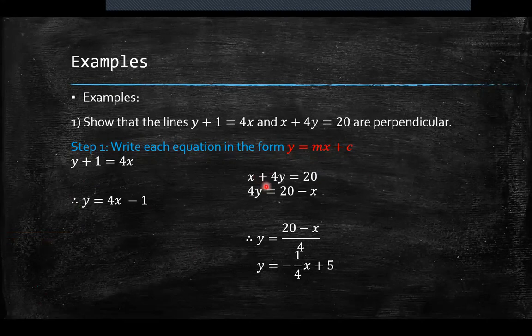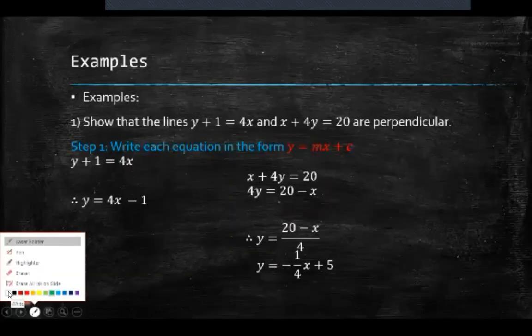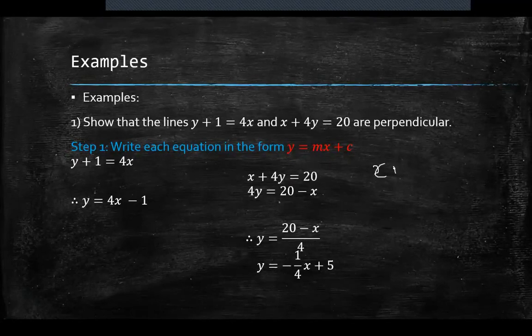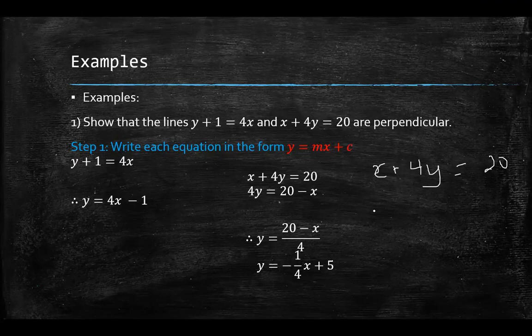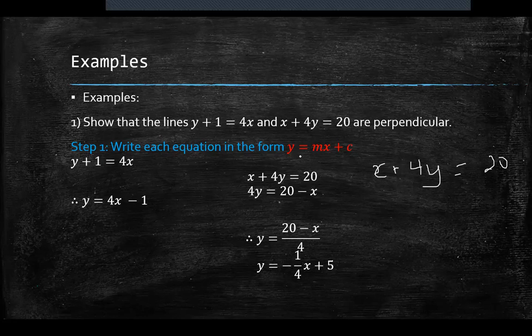Next one. X plus 4y is equal to 20. Just like before, we're trying to make y the subject of the formula to get it in the form y is equal to mx plus c.